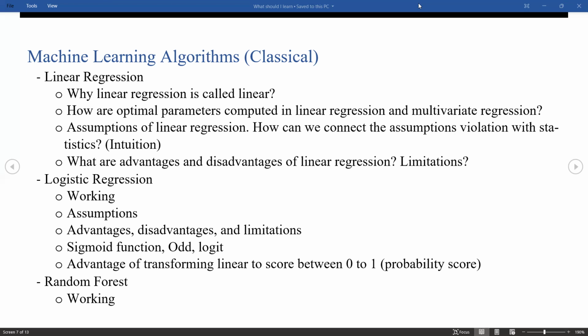Again, you should know about the advantages and disadvantages of linear regression. Every model that we are going to talk about here will have some advantages and disadvantages in a lot of ways, like in terms of computation time and in terms of simplicity. For example, linear regression has the advantage of simplicity. It is one of the simplest models we have ever had in the history of prediction.